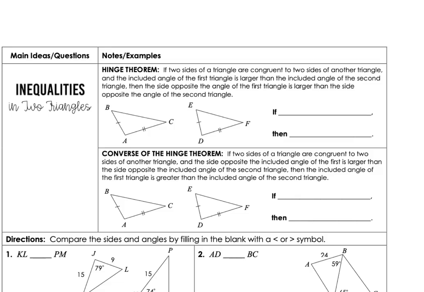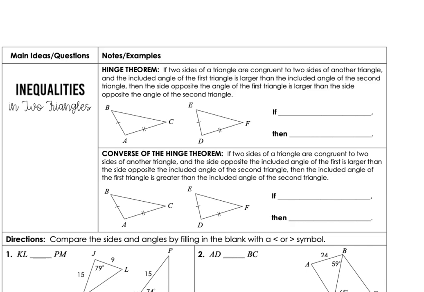We learned a bunch of triangle congruence theorems, which said if you have an SAS setup, the triangles are congruent. You're going to kind of have an SAS setup, but the A is not a congruent A. The sides are going to be congruent, but the angles are going to change, and that's going to impact how the third side of the triangle relates to the other third side of the triangle.